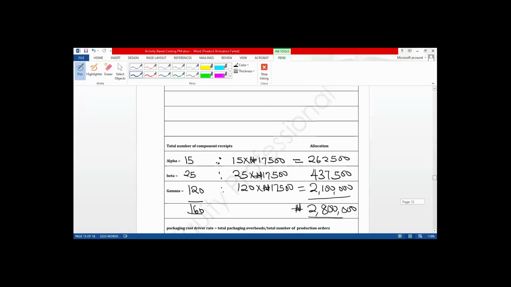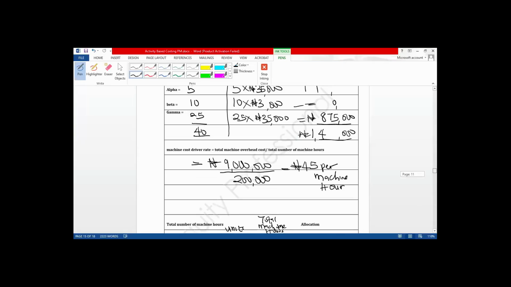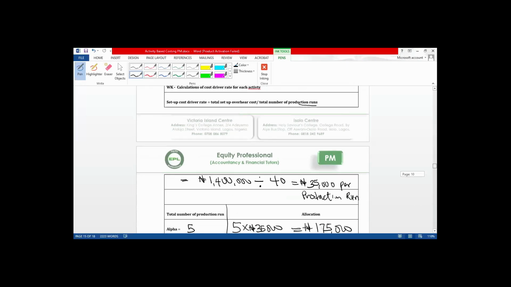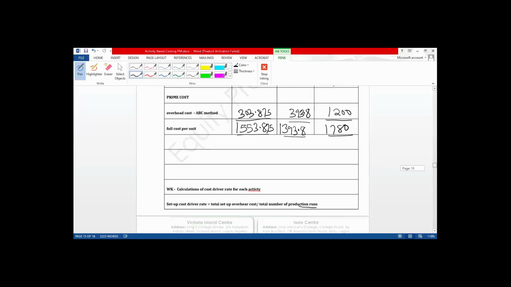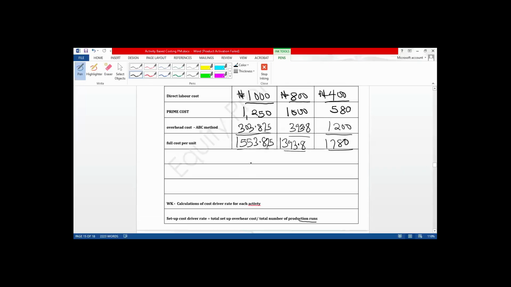Under the ABC method, look at the cost per unit. For alpha, 1,553.875.